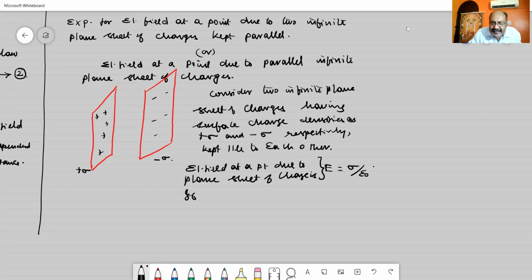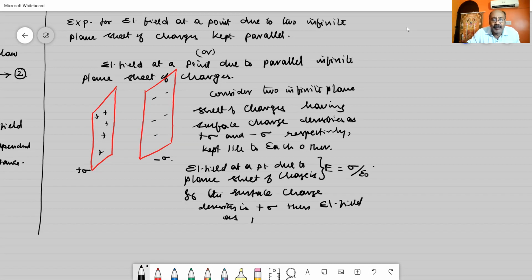If the surface charge density is plus sigma, then let us consider the electrical field as E1, which is equal to sigma by epsilon 0, acting away from the plane sheet.